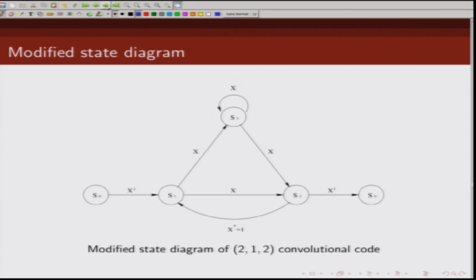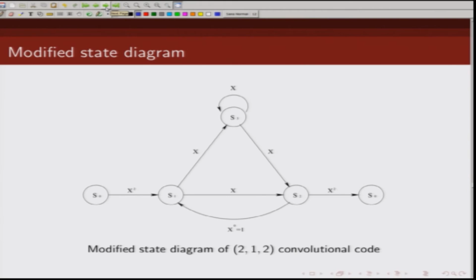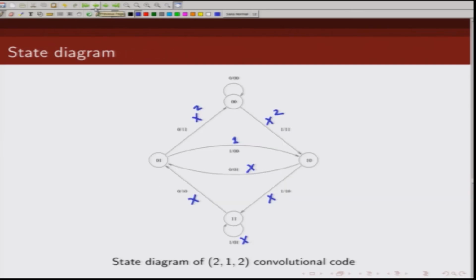If you go back, this is how my modified state diagram will look like. What I did was, I have these states here, I split this all 0 state into 2 states, initial state and final state. Next, I redrew the same diagram, but I labeled each transition by the weight of the output.